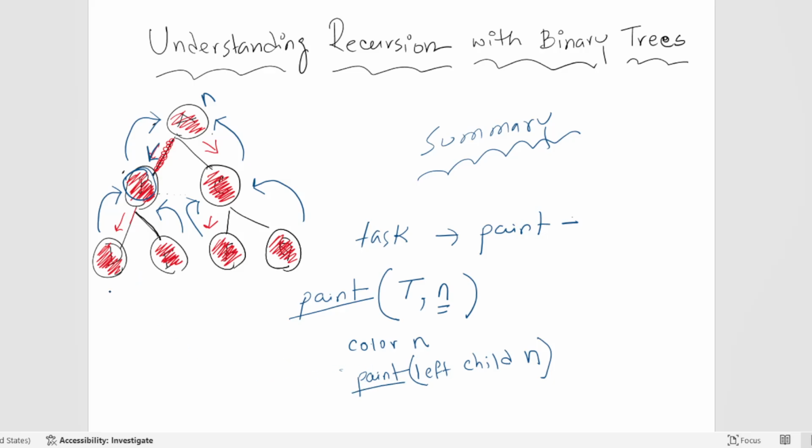So when we reached the last node over here, D, we went back and then from B we moved to the right child. So after we were done painting the left child, we moved to the right child.